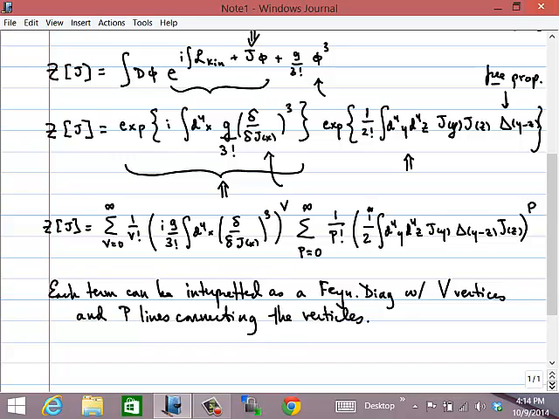And the topology of the Feynman diagram tells us exactly how these various different propagators and vertices, lines and vertices, are connected together.